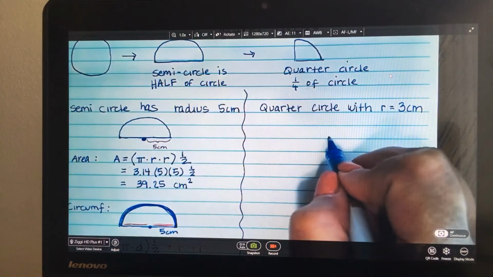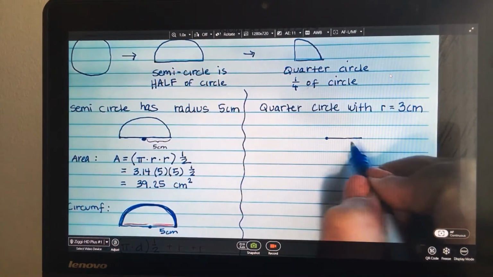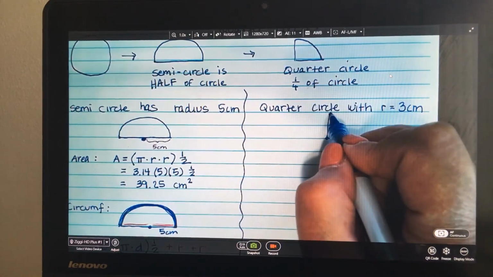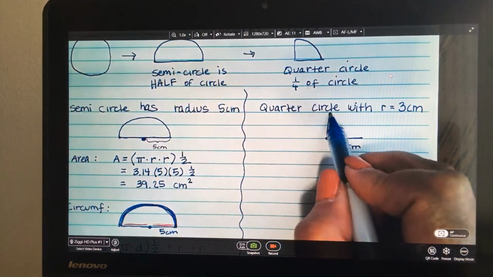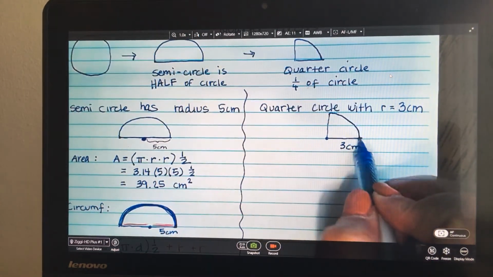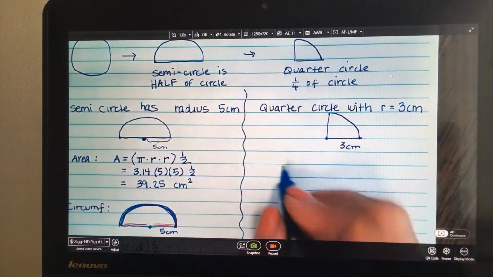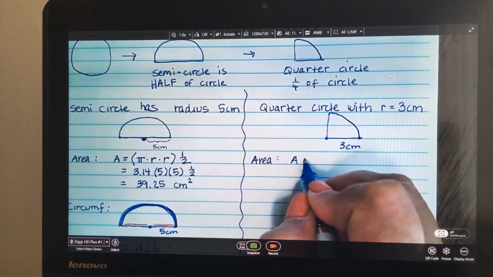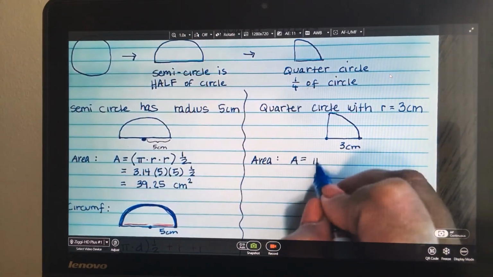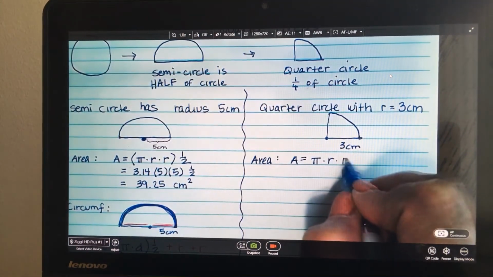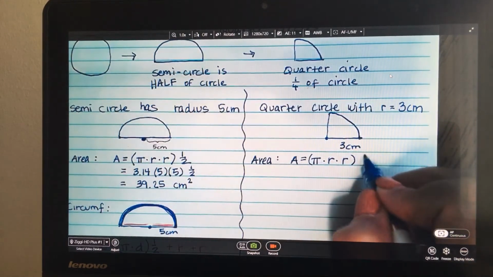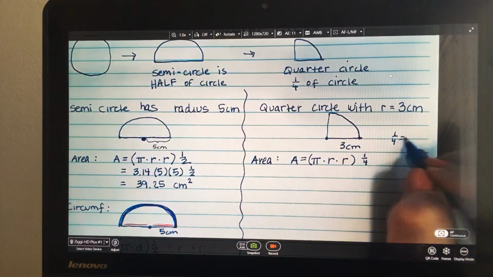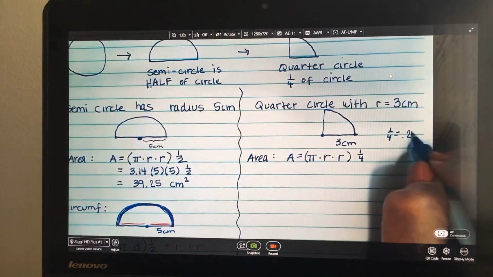I'm going to draw a picture of that. Okay, so 3 centimeters. It's a quarter of a circle, so it's like going from 12 o'clock to 3 o'clock. So there's our quarter circle. The area of that, again, is taking the area of our circle, pi times radius, and we're using 1/4 of that. Remember that 1/4, when we put that in the calculator, is equivalent to the decimal 0.25.